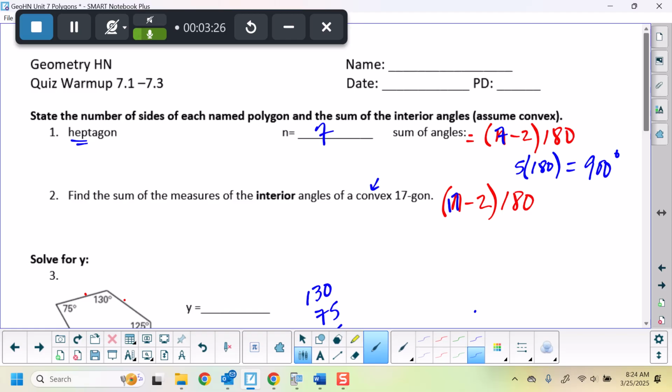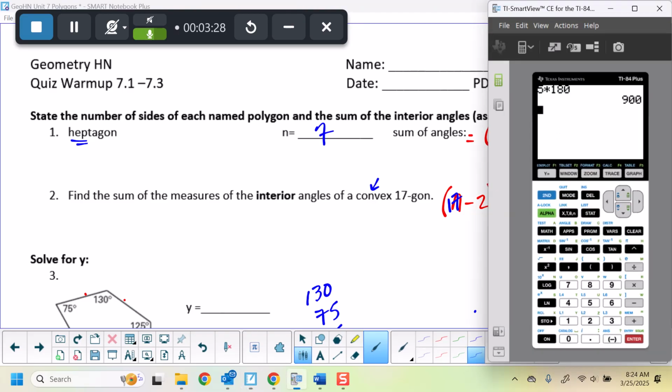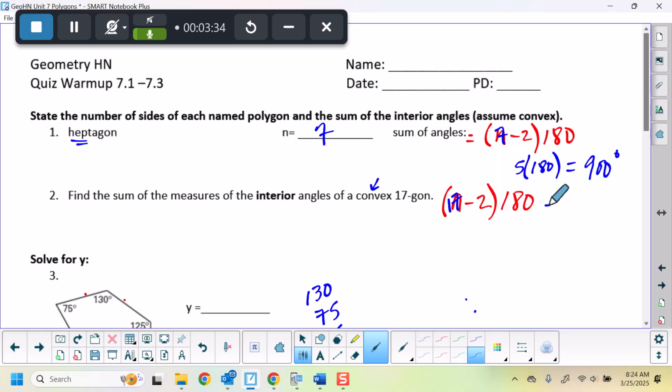All I need to do is put 17 into this and then do 15 times 180. There they are, 2,700. So when I'm talking about figuring this out, if they don't use the word each or regular, you can't assume that it is a regular situation. Are you okay with that?